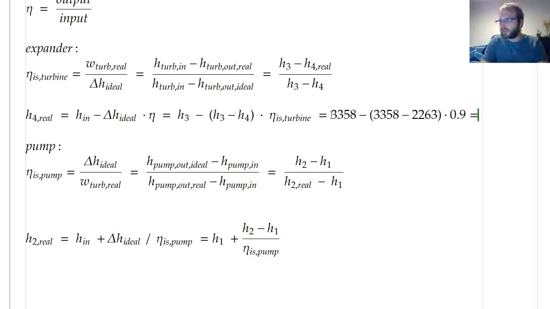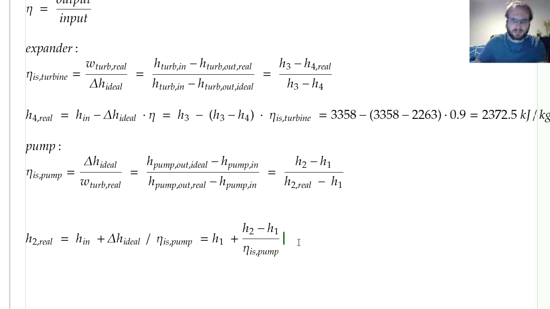Putting this together, we get the enthalpy at the turbine outlet as 2372.5 kilojoules per kilogram. So you can see it's actually indeed a little bit higher than the original one.